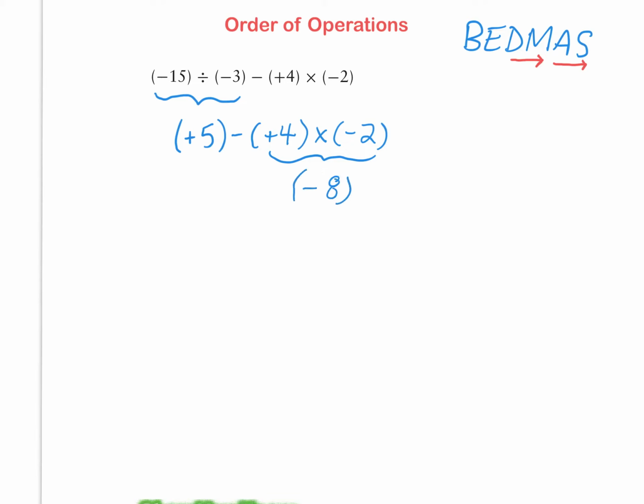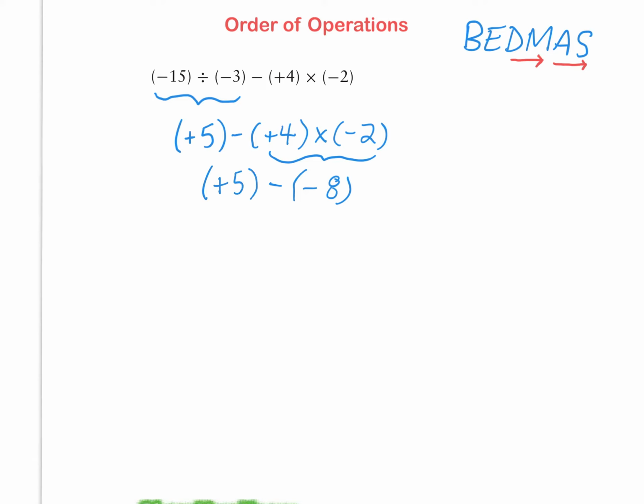I'm going to write everything exactly where it was. Notice this positive 5 minus came in front of this stuff, so you need to put them here, not afterwards. They have to go in the same order. So I've got positive 5 minus negative 8.